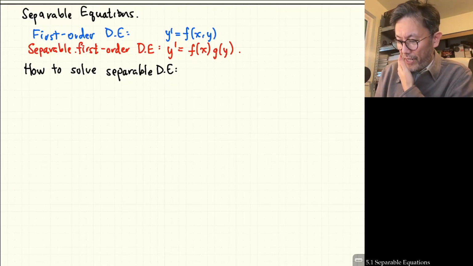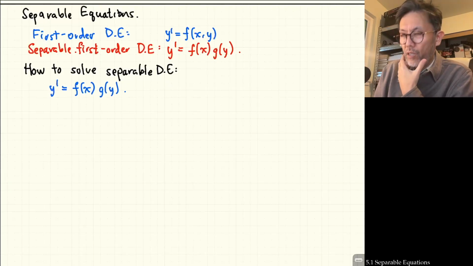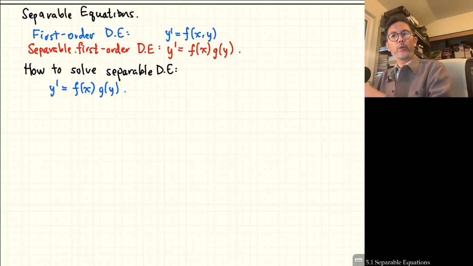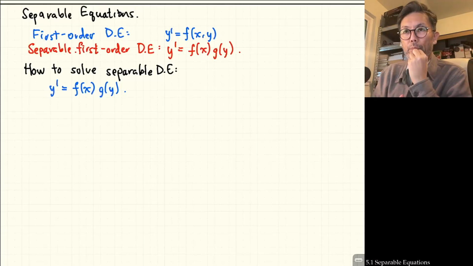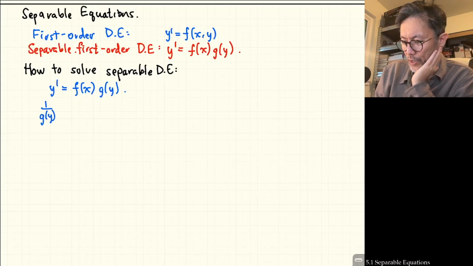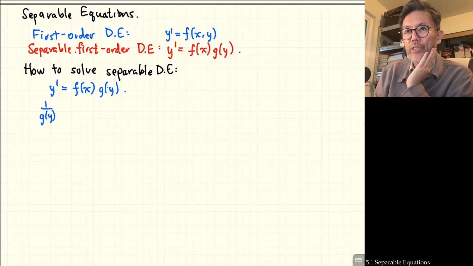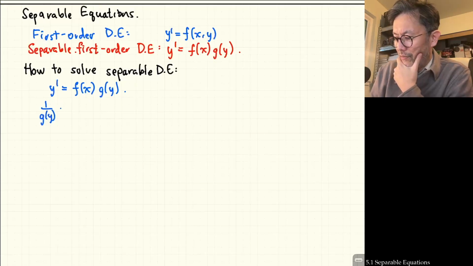Well, let's start with the equation y prime equals f of x times g of y. What I'm going to do first is bring g of y over to the other side of the equal sign by dividing both sides by g of y. Of course, you should worry, because what is g of y after all? It could be 0, right? But let's just put that aside for a second.